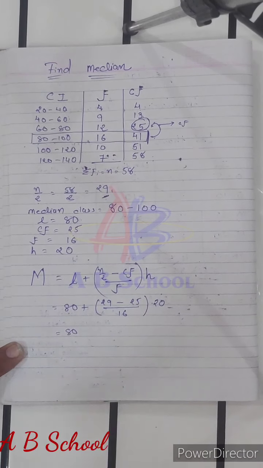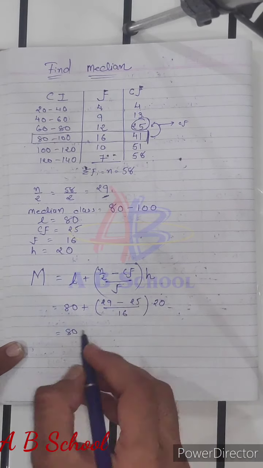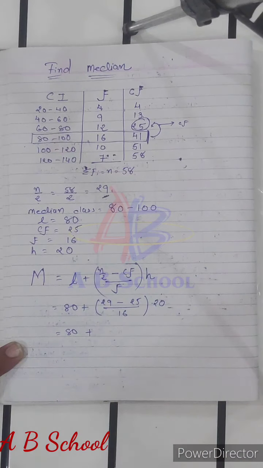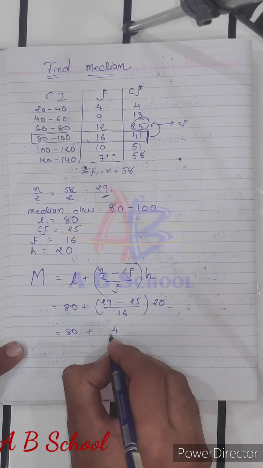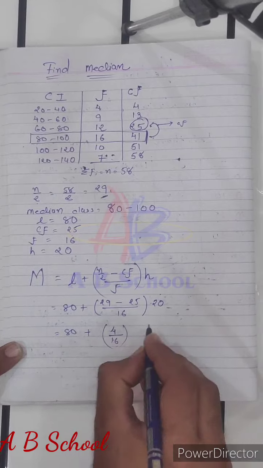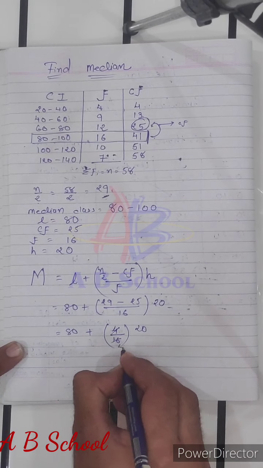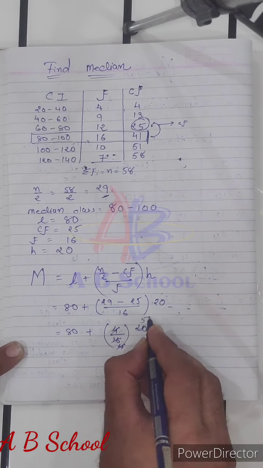I'm not going to deal with 80 now. I'm just going to multiply and add everything. 29 minus 25 is 4, divided by 16, into 20. 4 4s are 16, 4 5s are 20.